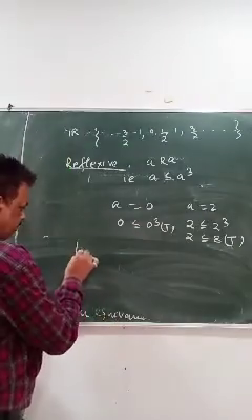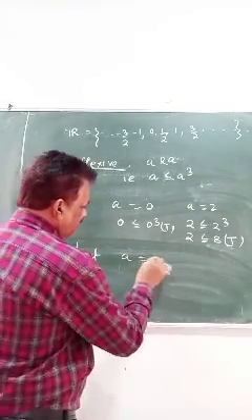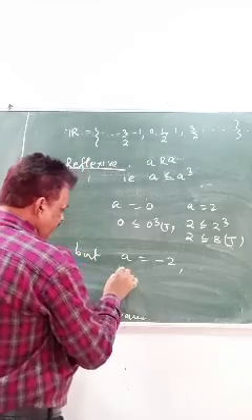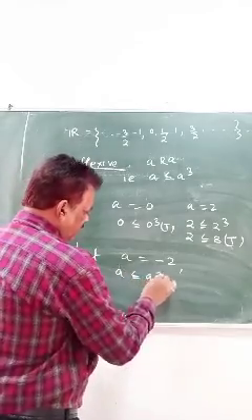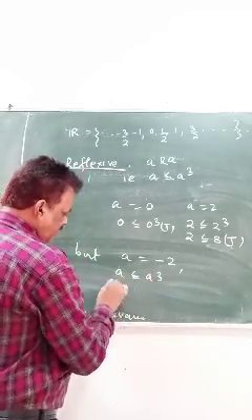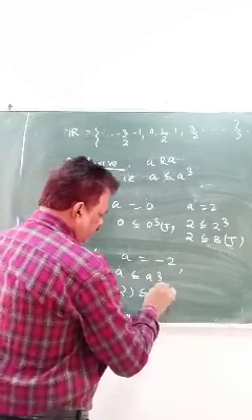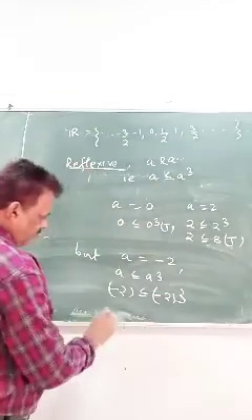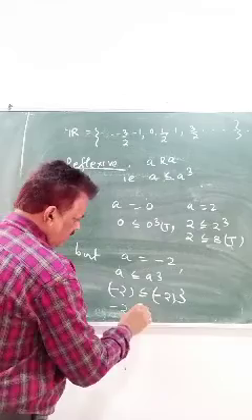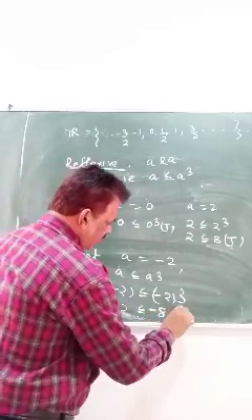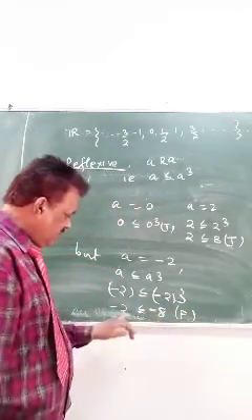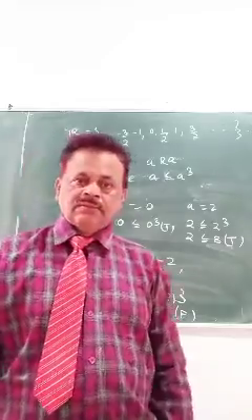but you can say when A equals minus 2, A is less than or equal to A cube: minus 2 is less than or equal to minus 2 cube, minus 2 is less than or equal to minus 8. This is false. Minus 2 is bigger than this.